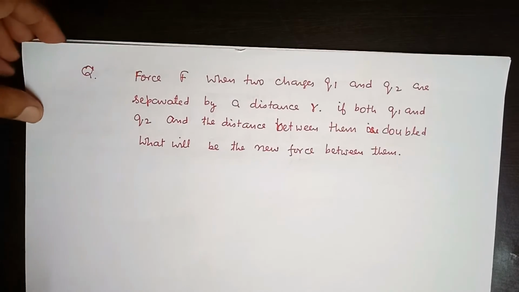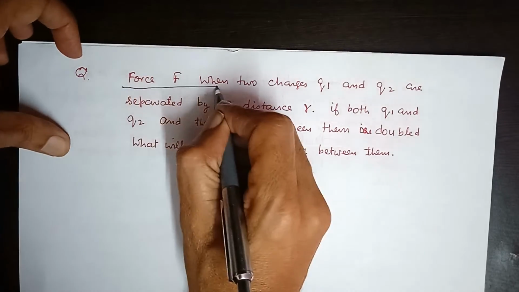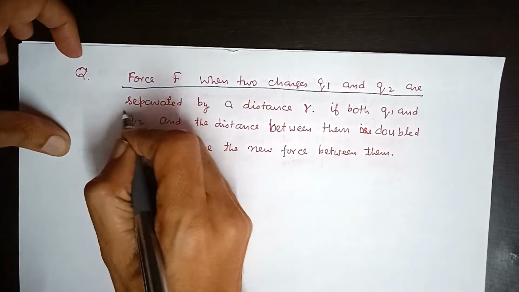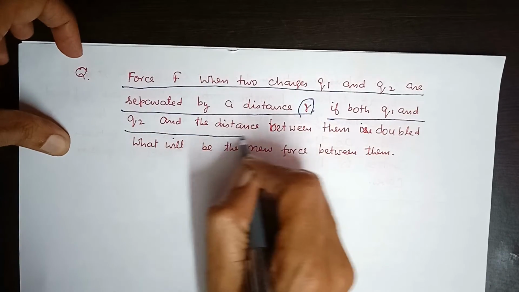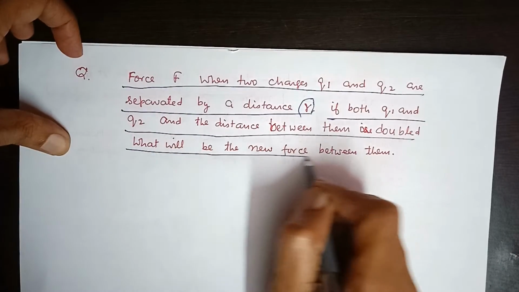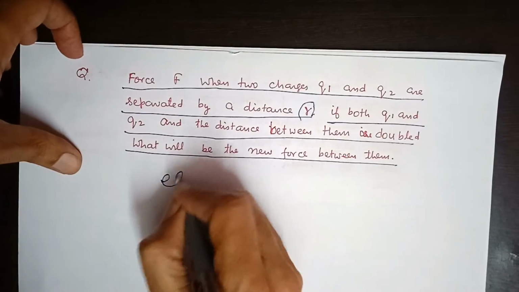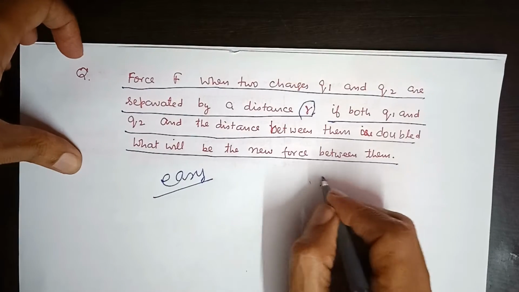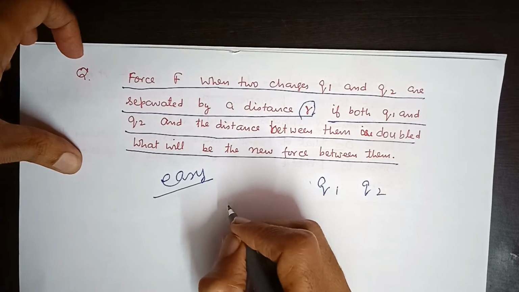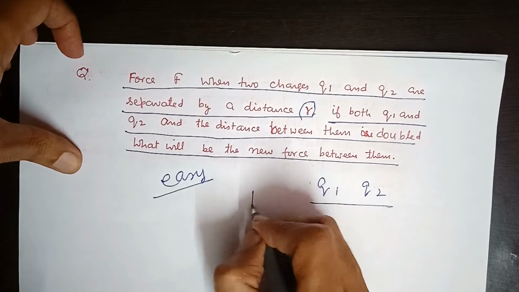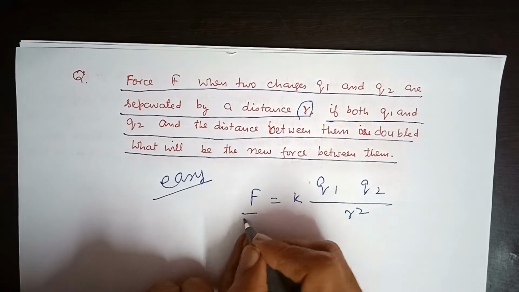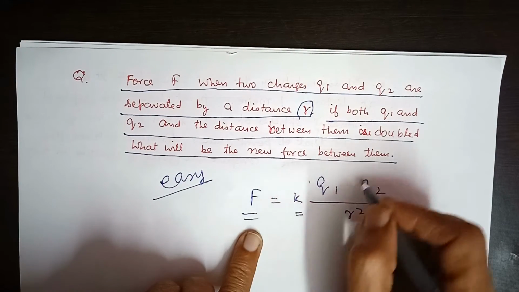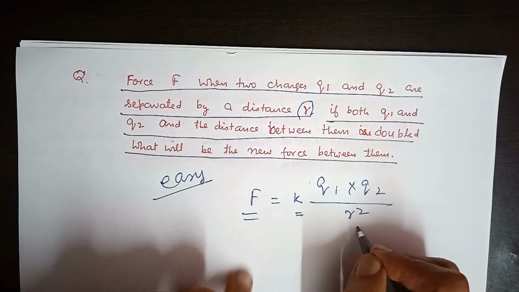Now we come to the other question. Force is F when two charges Q1 and Q2 are separated by a distance R. If both Q1 and Q2 and the distance between them are doubled, then what will be the new force? This is a very easy question. See, Q1 and Q2 are the charges, separated by a distance R. Then force is given by K, the electrostatic constant, Q1 into Q2 divided by R square.